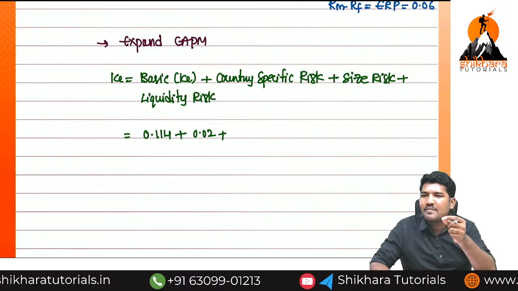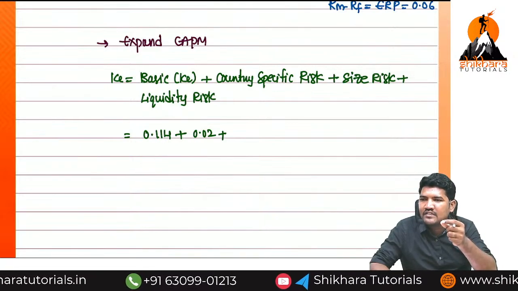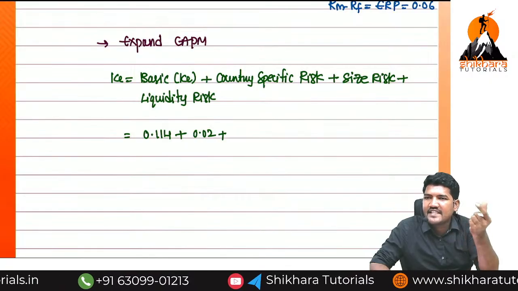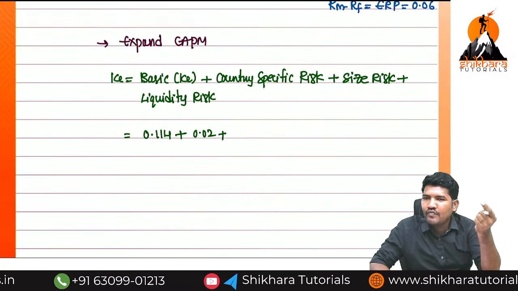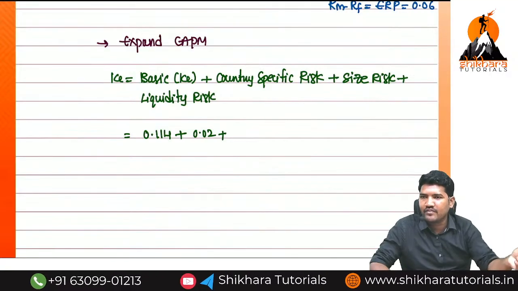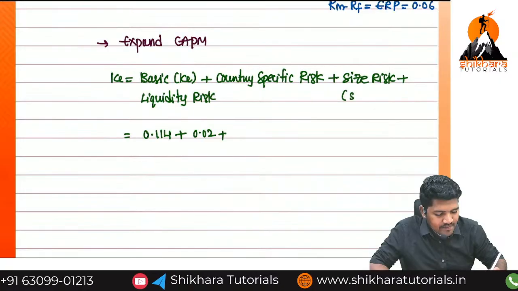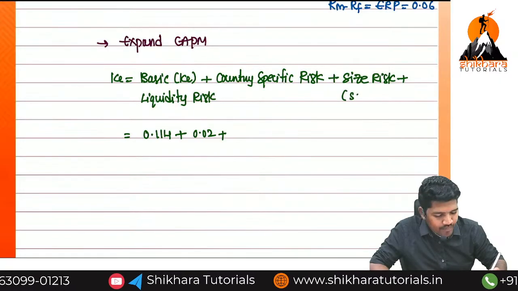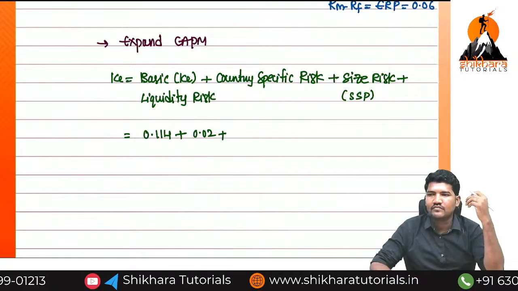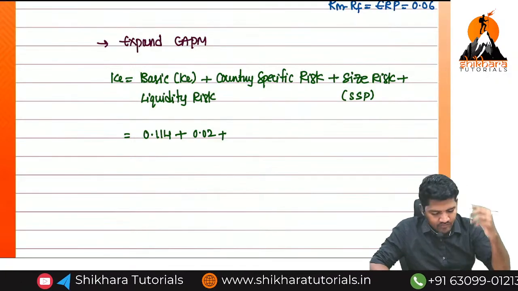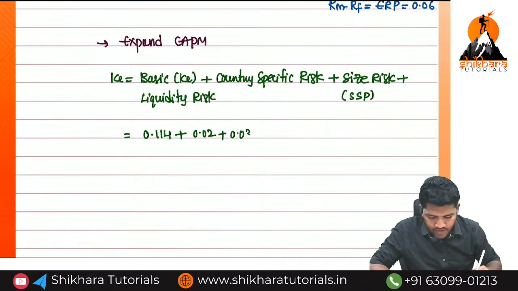The word small represents what, guys? Size. Large and small, it talks about size nature. Clear? If you want that clarity, in brackets write it down. So in size risk, use the word in brackets, small stock premium. How much is small stock premium? 0.03.